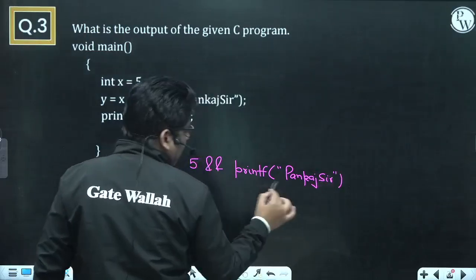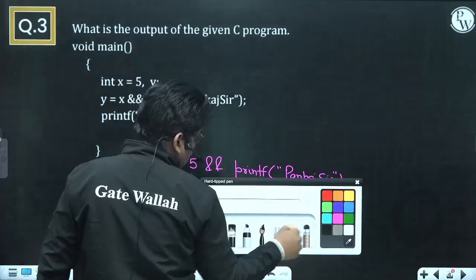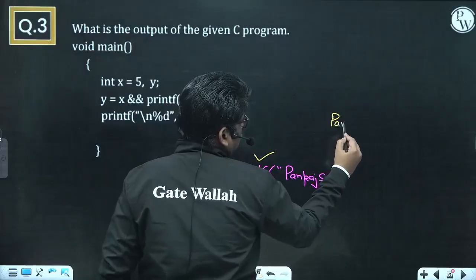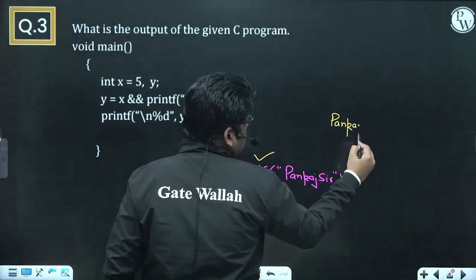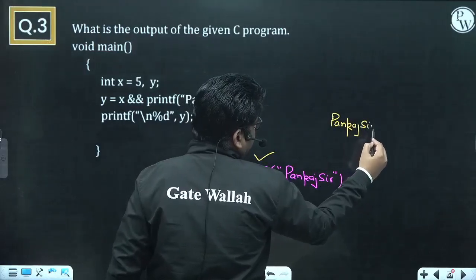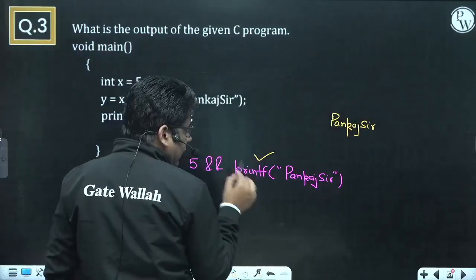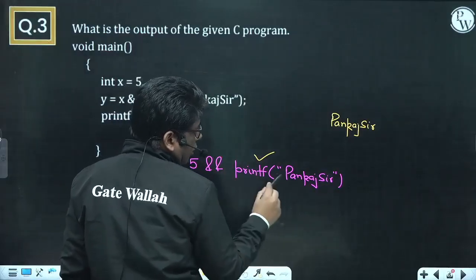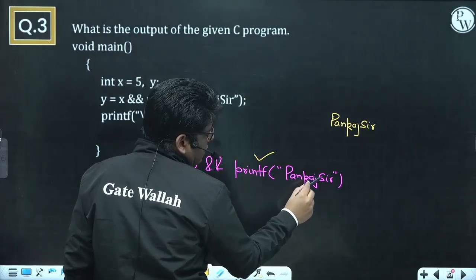Now, will the compiler evaluate this? Of course, this will be evaluated. And because of this, on the output screen, Pankaj sir is to be printed. Once it prints, if I ask you about the value associated with this printf, 1, 2, 3, 4, 5, 6, 7, 8, 9.